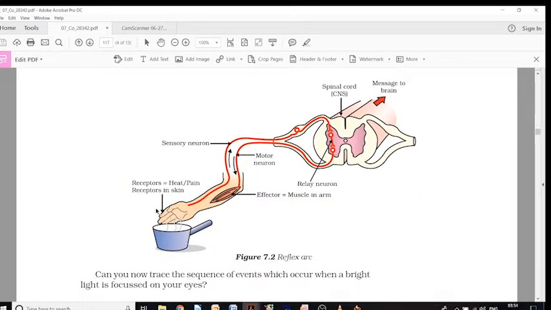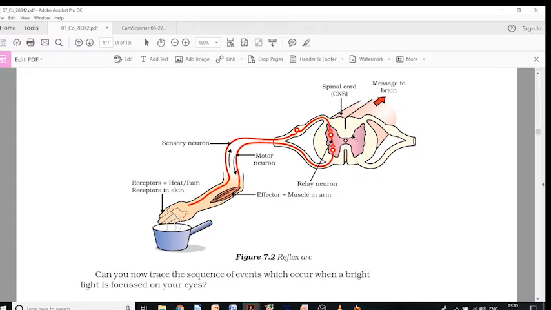Here the sensory neuron carries the signal from the receptors, then it relays onto the relay neuron present in the spinal cord, and from the spinal cord the motor neuron comes. So we don't have any connection with the brain. The brain doesn't send any signal to the motor neuron. The signal sent to the motor neuron is only from the spinal cord.